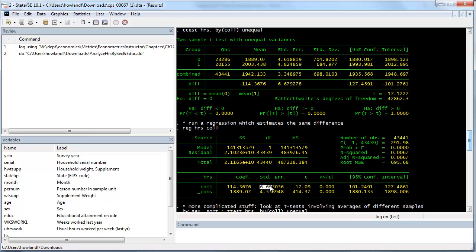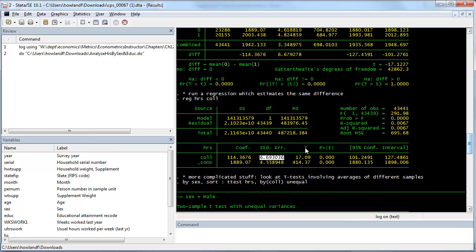We're assuming that the standard errors are actually equal for the two different groups, and that's why we get a slightly different standard error. The conclusion is nonetheless that we're really, really far away from what we claimed under the null hypothesis, that this thing is really 0. So I hope you see that running this regression, we're just basically dividing the sample into two different groups according to whether or not they have a college education.